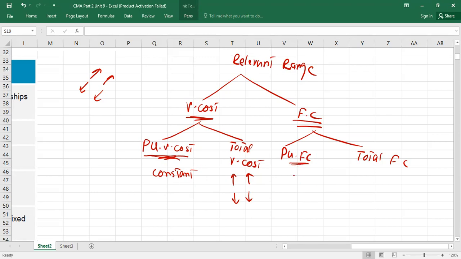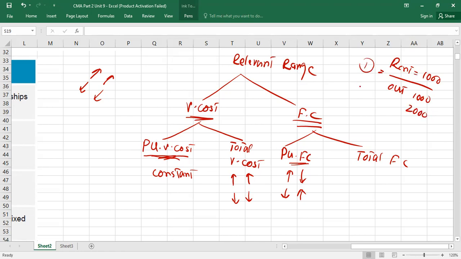Then we have two points relevant to fixed cost also. Per unit fixed cost: whenever your production increases, per unit fixed cost will decrease. And whenever your production decreases, per unit fixed cost will increase. For example, let's assume rent is your fixed cost, and rent is 1,000. If you divide this rent by the output, for example if output is 1,000, per unit fixed cost will be $1. What if your output is 2,000?